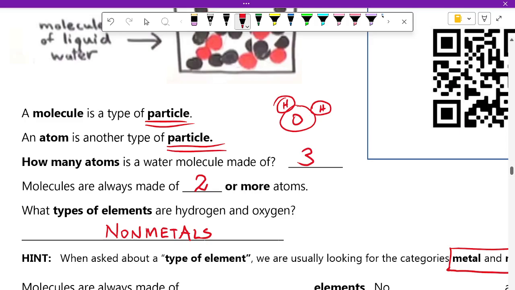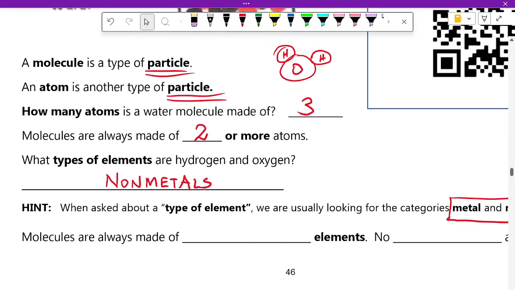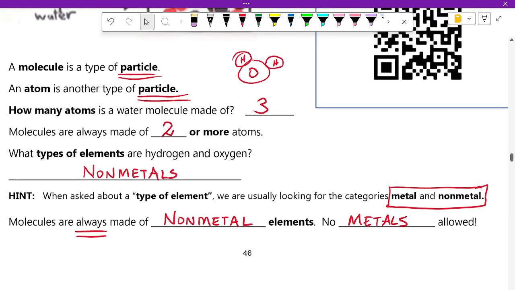And in fact, molecules are always made of non-metal elements. There's no metals in molecules. No metals allowed.